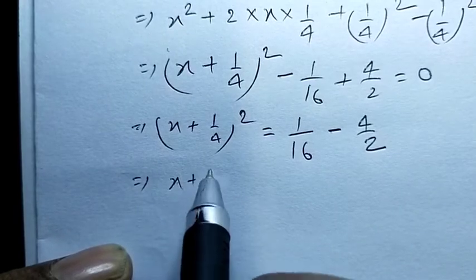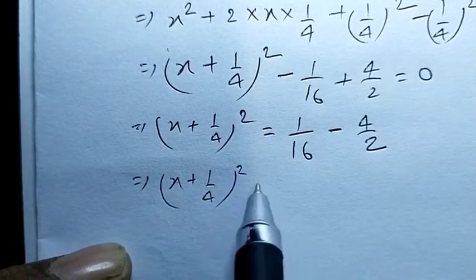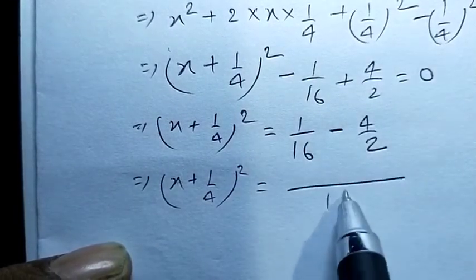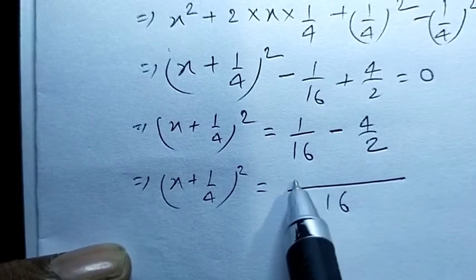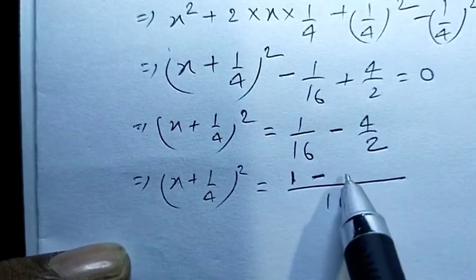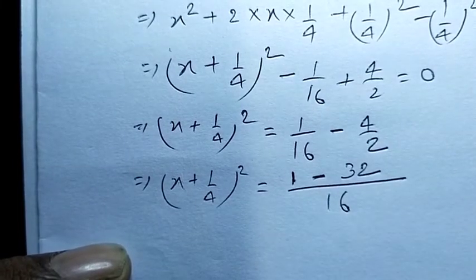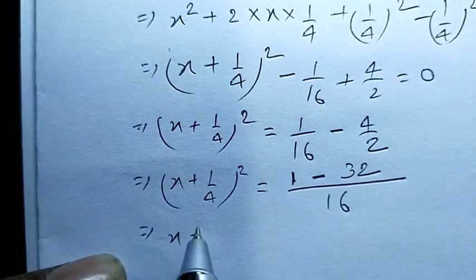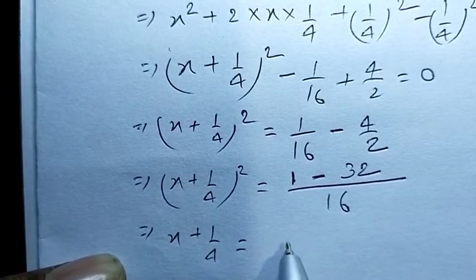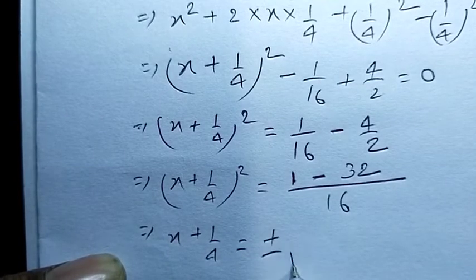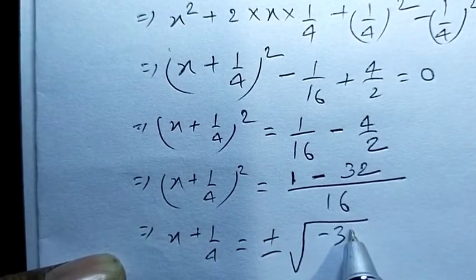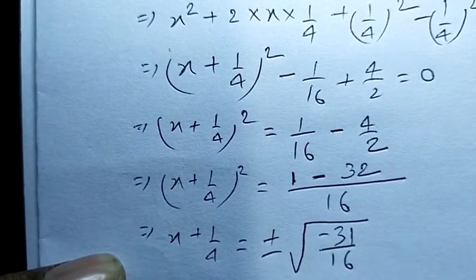Implies x plus 1 by 4 the whole square is equal to, LCM is 16, so 1 minus 32. Implies x plus 1 by 4 is equal to plus minus root under minus 31 by 16.